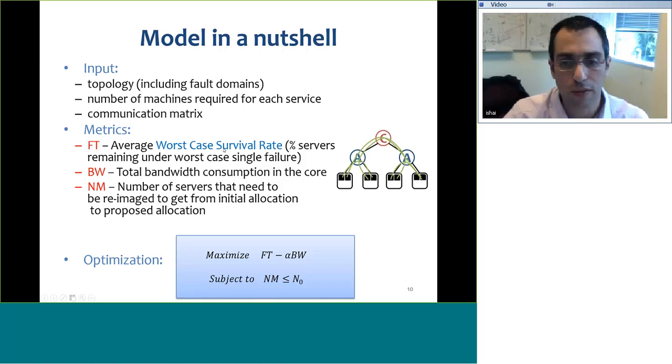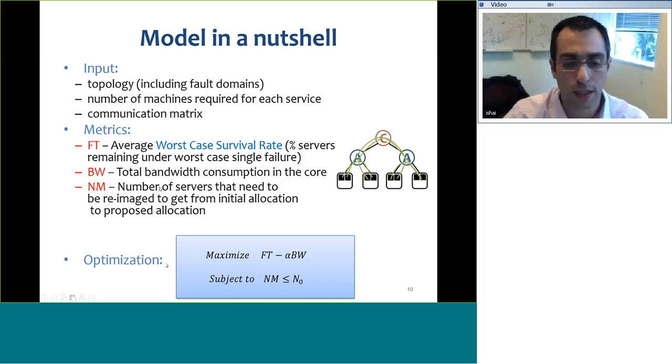The worst-case survival rate is the percentage of servers that remain under the worst-case single failure. Bandwidth is the total bandwidth consumption in the core, and NM, number of moves, is the number of servers that need to be re-imaged to get from an initial or given allocation to the proposed allocation.